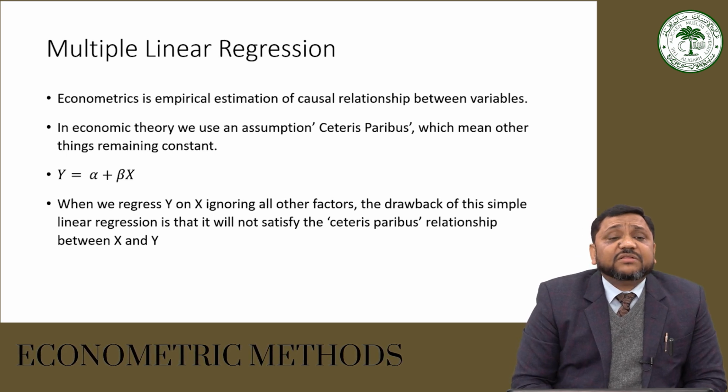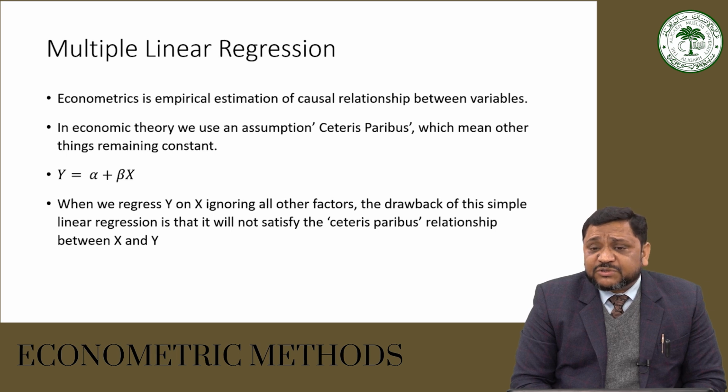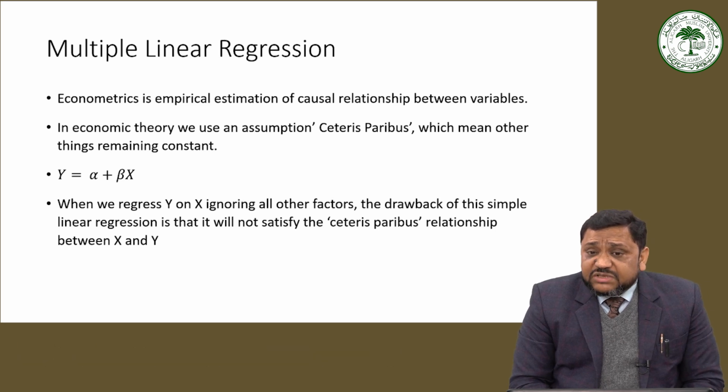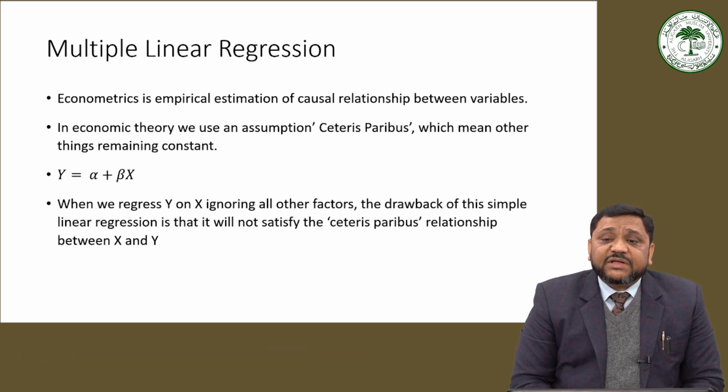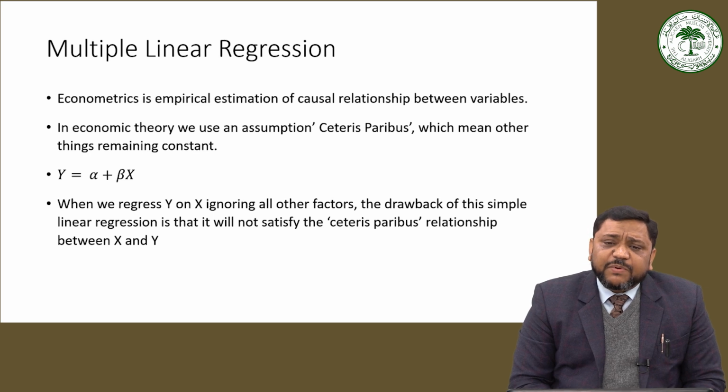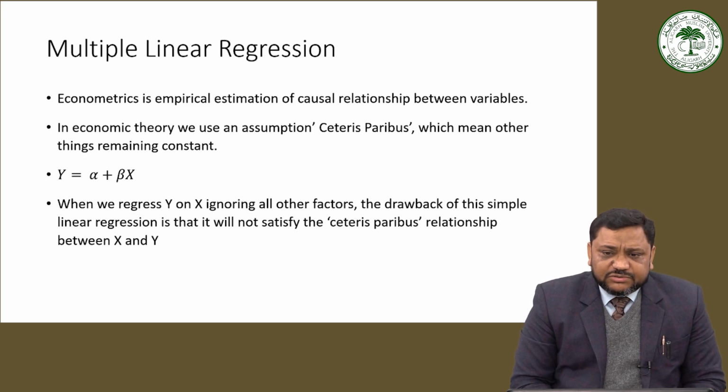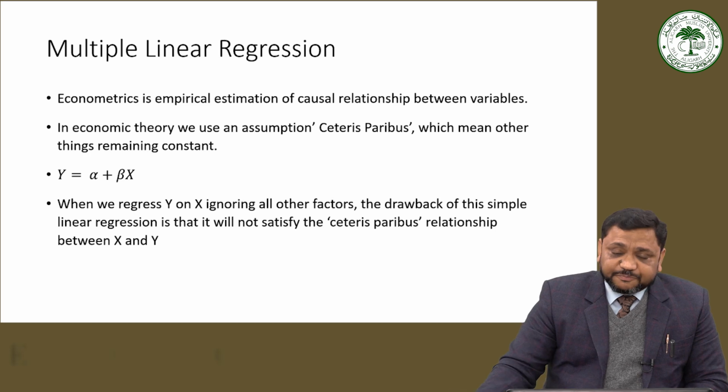If we have just taken the expression y is equal to alpha plus beta x, what is the guarantee that we are measuring the effect of x on y keeping all other factors constant? When we regress y on x ignoring all other factors, the drawback of this simple linear regression is that it will not satisfy the ceteris paribus relationship between x and y.